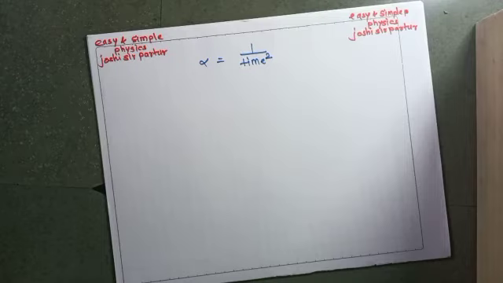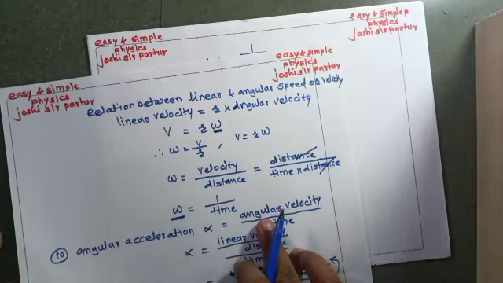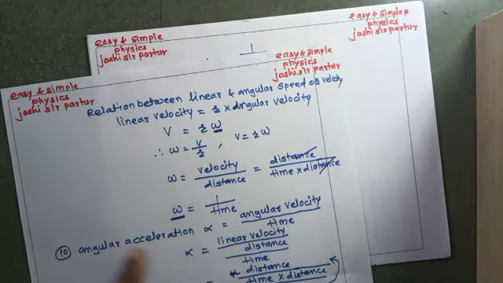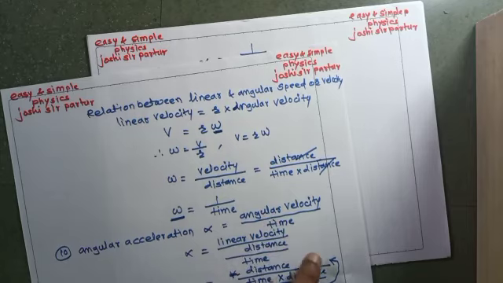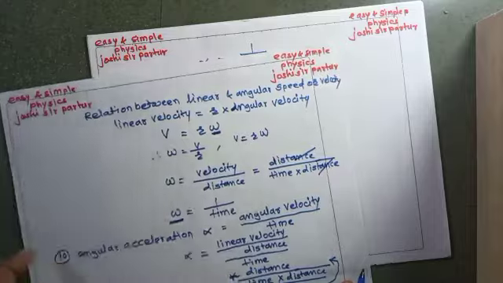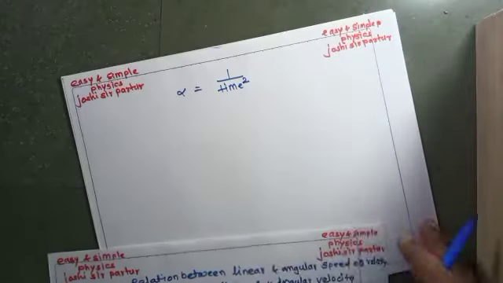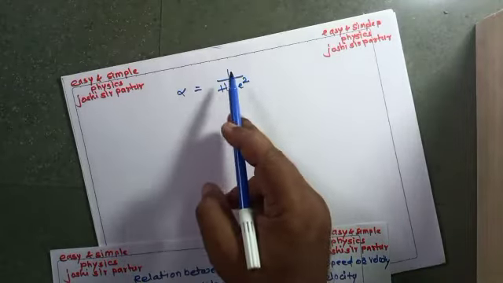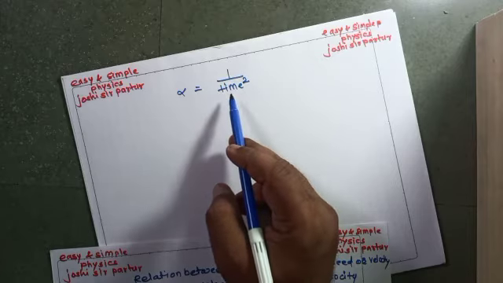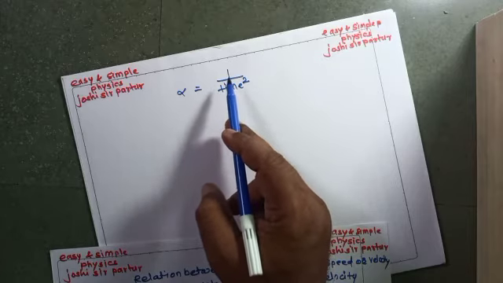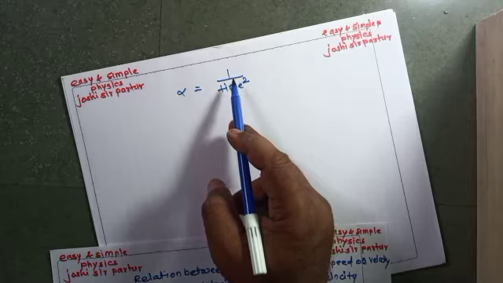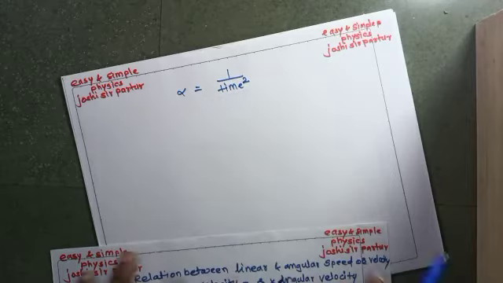Similarly, we can define it in terms of angular displacement: angular displacement upon time square. Angular displacement is measured in radian, so we get 1 upon time square.